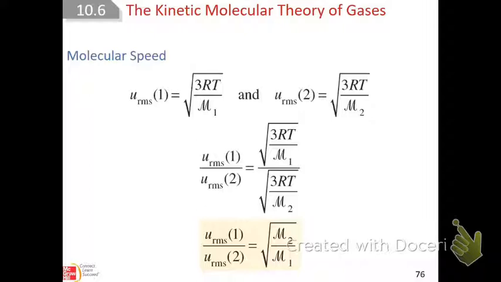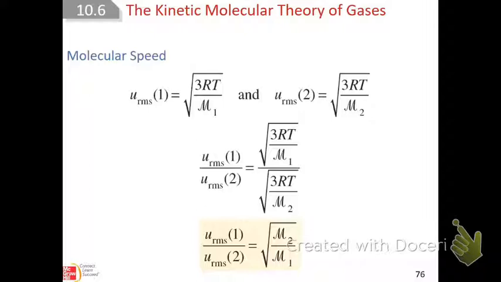That italicized capital M right there means molar mass. So if you have the square root of the two molar masses, you can compare two of them and you can calculate which one is going to be faster. And certainly the one with the smaller molar mass is going to be faster, but you can find out exactly how much faster.